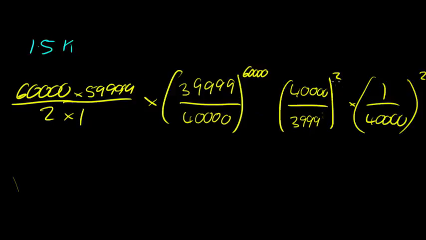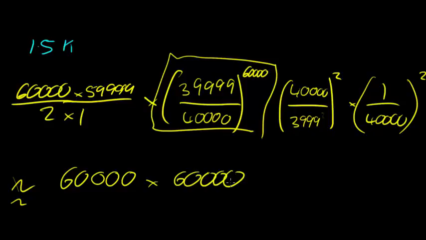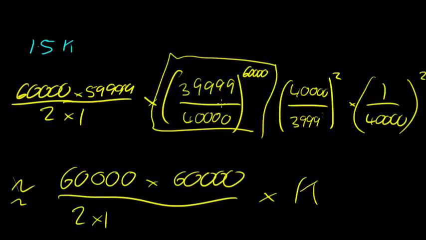So all of this now works out, and here again is my value of k, and what I end up with is approximately, and it's not exact, it is approximately, 60,000 times about 60,000 over 2 times 1 multiplied by my value of k, which I've got there. This bit and that bit, well, the top lines will cancel, so the 40,000 squared and the 40,000 squared cancel.